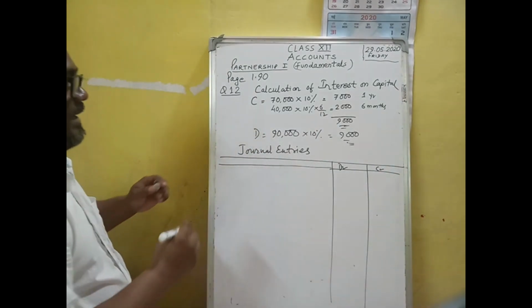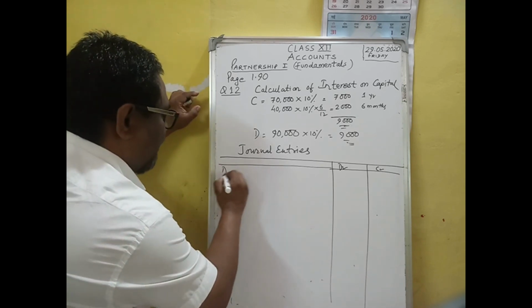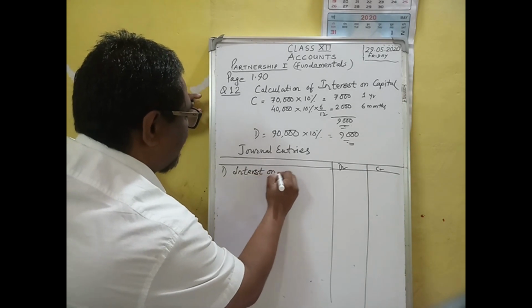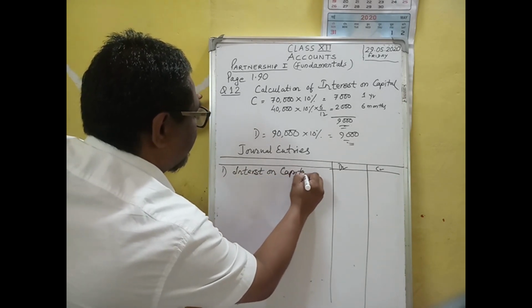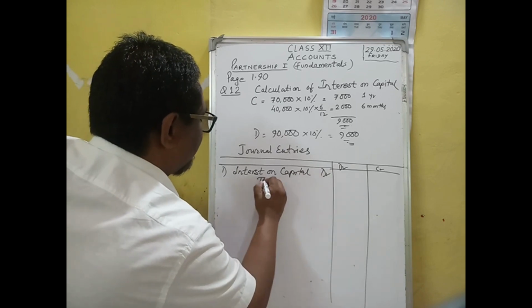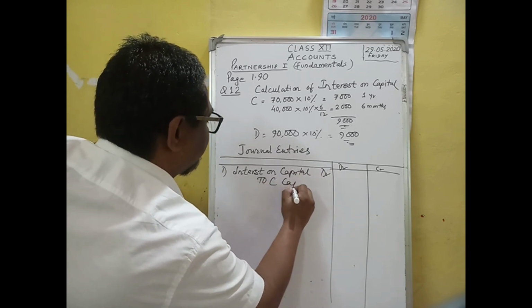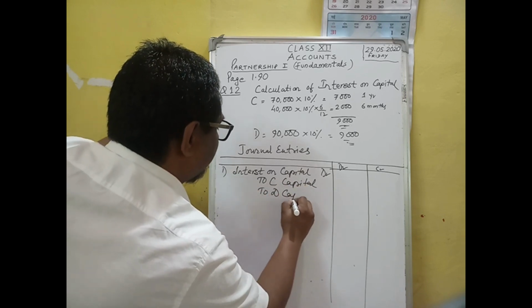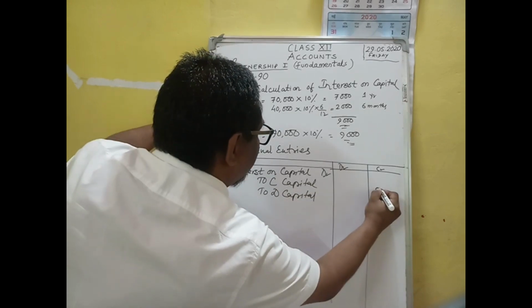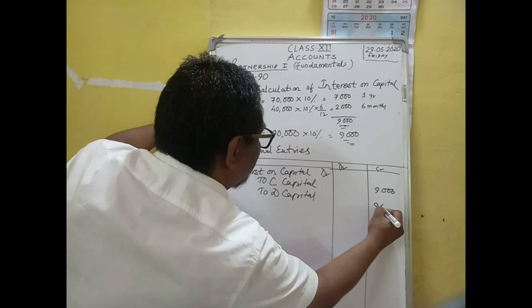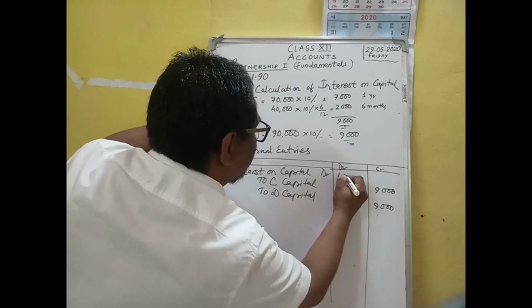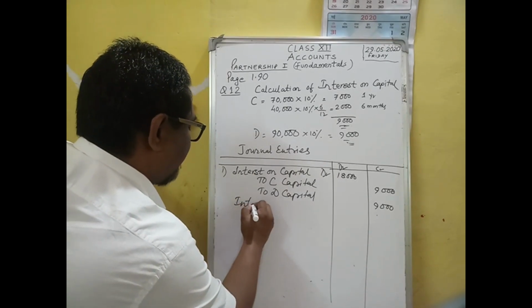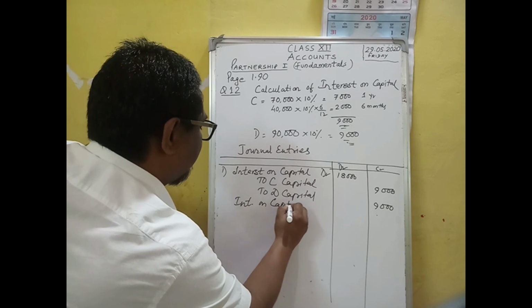So the interest on capital journal entry, first entry is interest on capital account debited to C capital account and to D capital account. C's interest on capital is 9,000 and D's is also 9,000. So the total is 18,000 interest on capital. So this is allowed to partners. Interest on capital allowed.